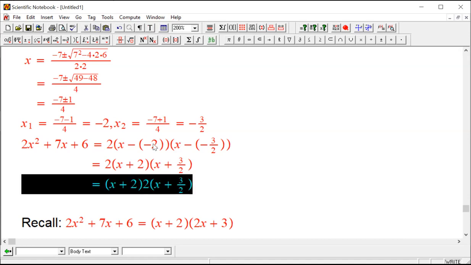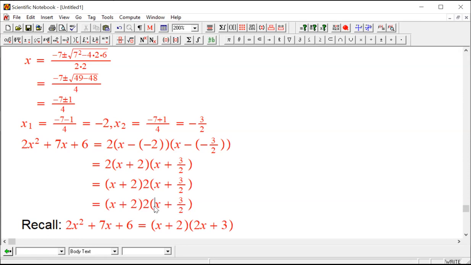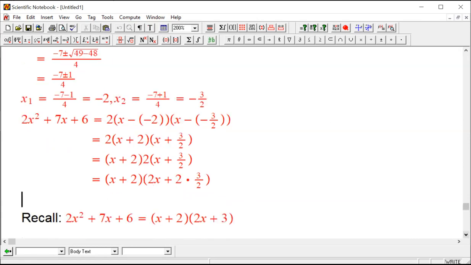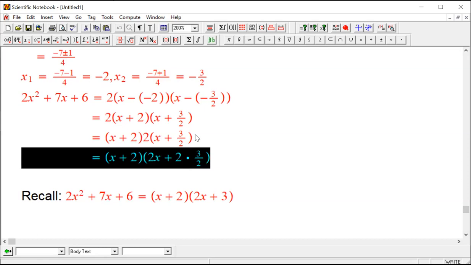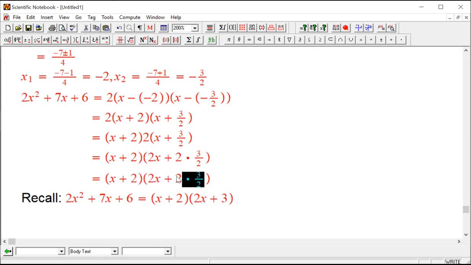So you have 2 times x and 2 times 3/2, and you're going to get exactly the same factors. So this works once again.